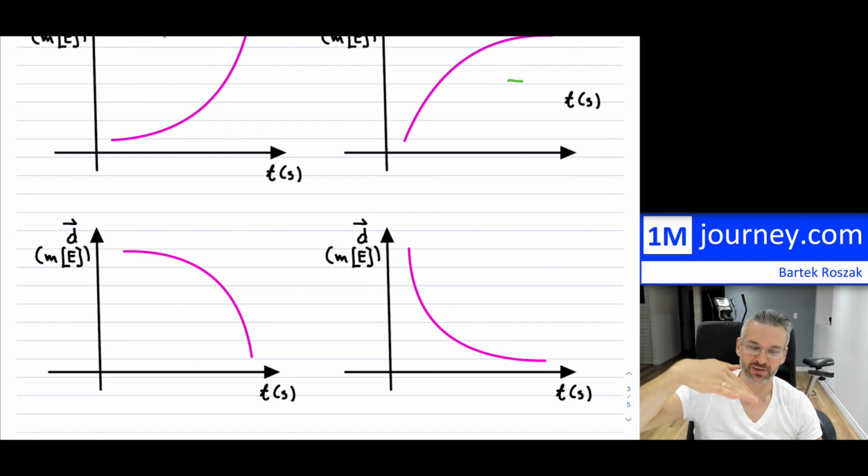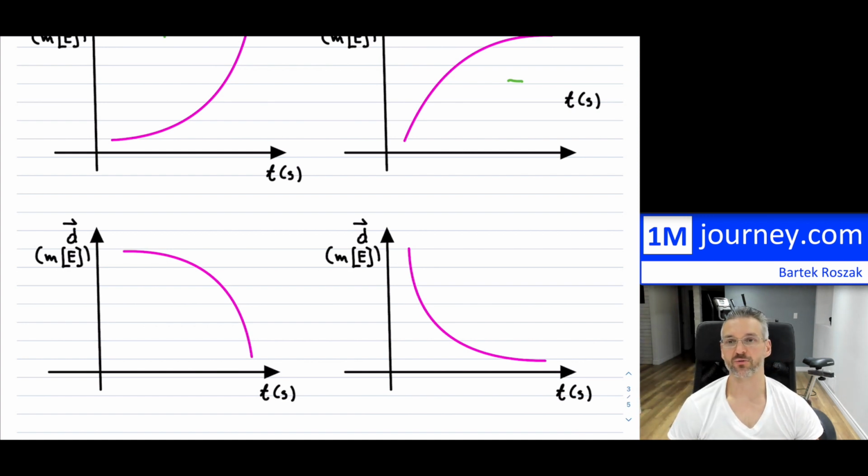In that particular case, as it's becoming more and more negative, your acceleration is now going in the opposite direction. It's not going east, it's going west. So you're going west, and your acceleration is also negative.